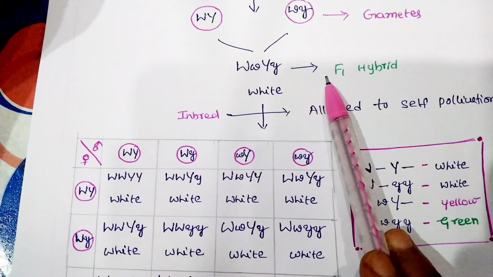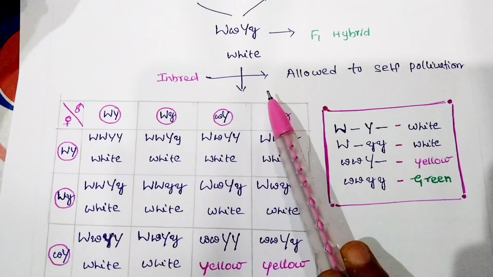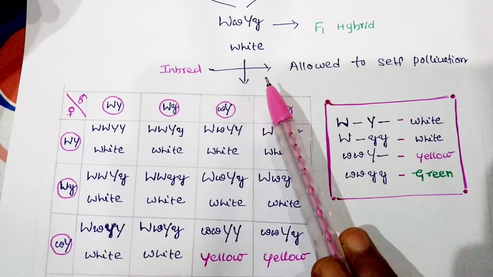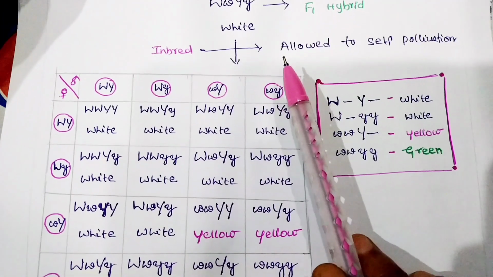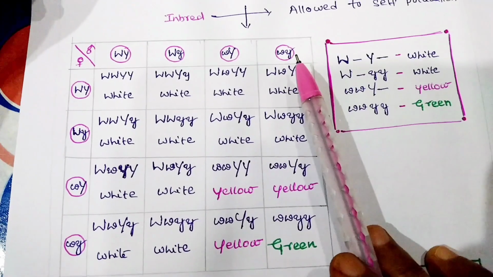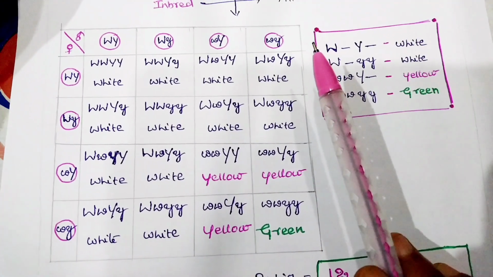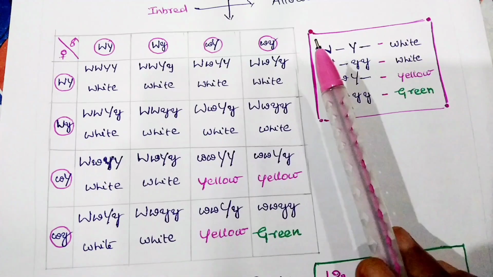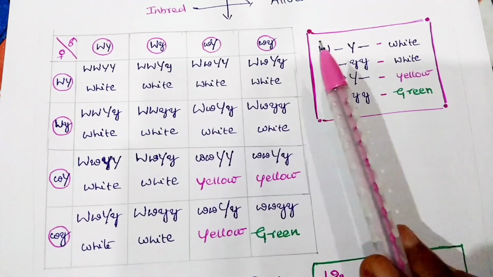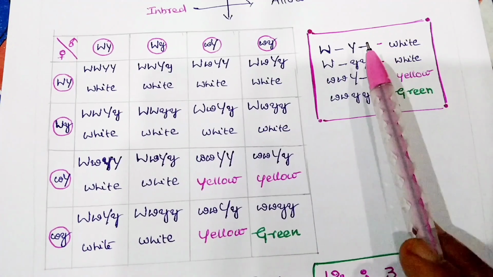When the F1 plants are allowed to self-pollinate, 16 types of progeny are obtained in the F2 generation. Have a look.